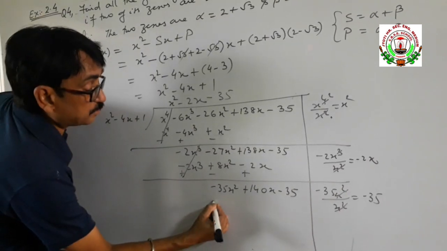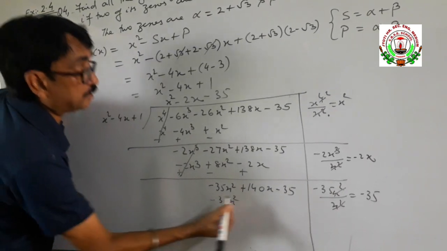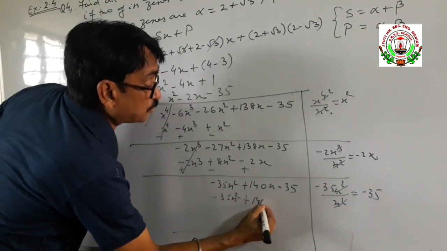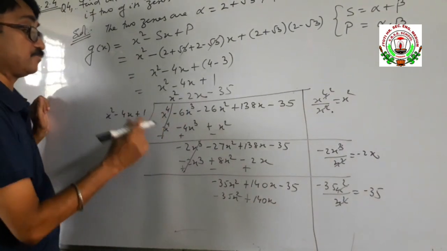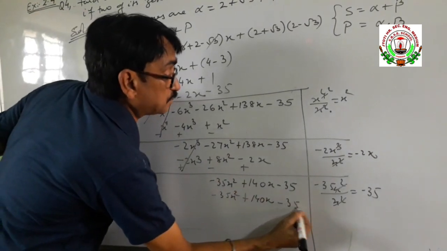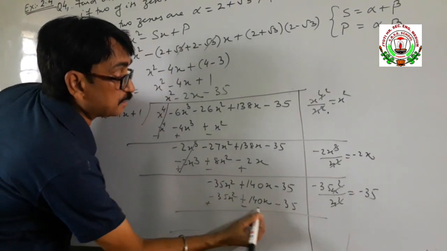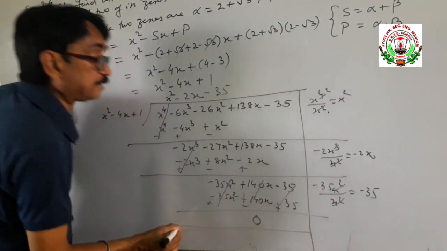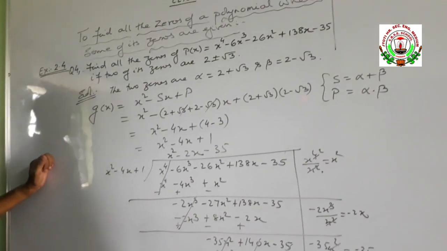Minus 35 into x square is minus 35x square, minus 35 into minus 4x is plus 140x, minus 35 into plus 1 is minus 35. Now plus minus plus, the whole part will be cancelled and the remainder we get is 0.